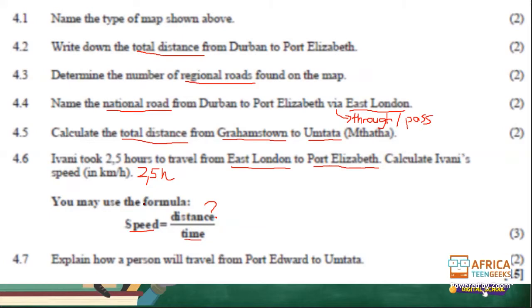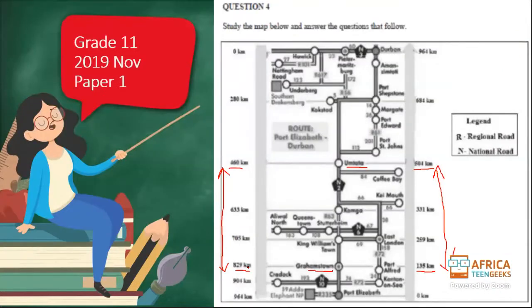Going back to my script chart, you can see there's PE, right? There's East London. Okay, first question. What is the distance between East London and PE, right?